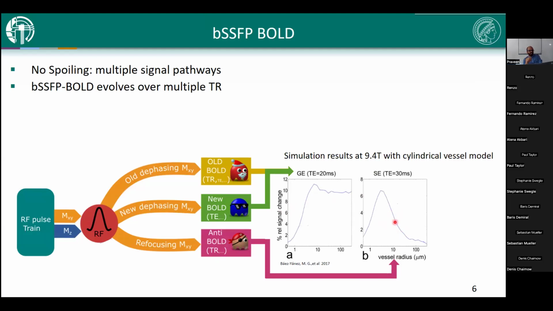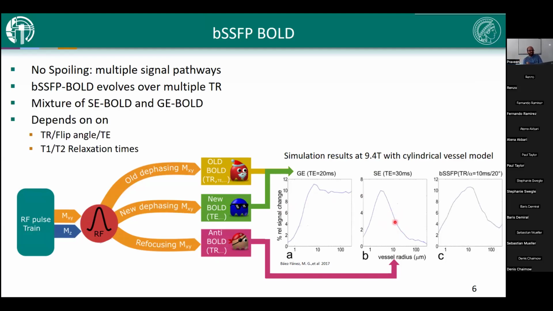But since we are acquiring everything simultaneously, the SSFP is usually a mixture of both gradient echo and spin echo. So the contrast also depends on your TR, flip angle, acquisition parameters and relaxation times. This determines how much energy is in different signal pathways.